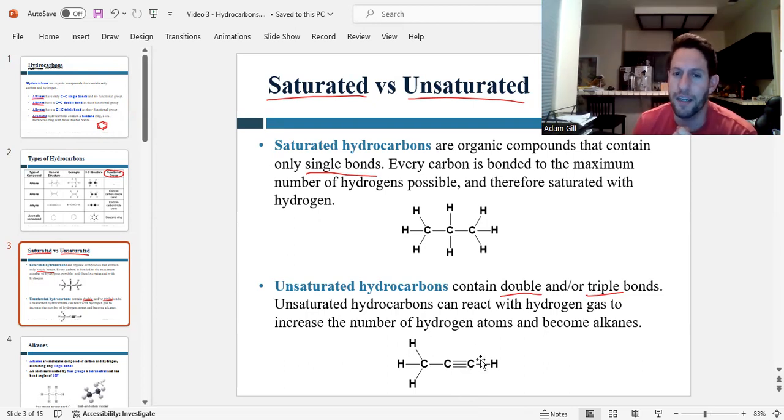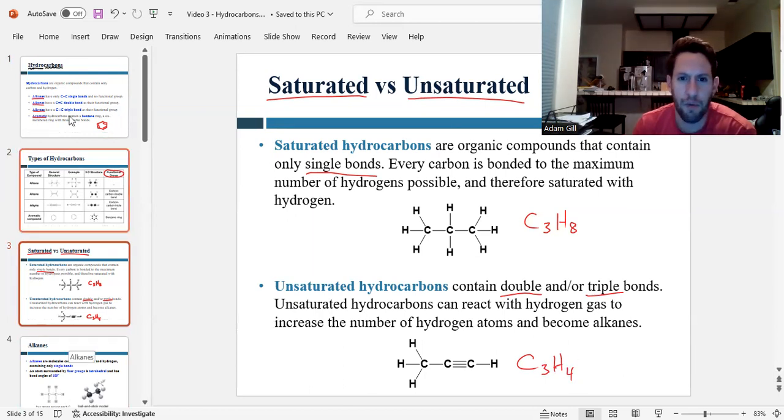So they are said to be unsaturated with hydrogen. So the formula here for the saturated one would be C3H8. And for the unsaturated one here, it's C3H4. And so you can see there's fewer hydrogens because it's unsaturated.